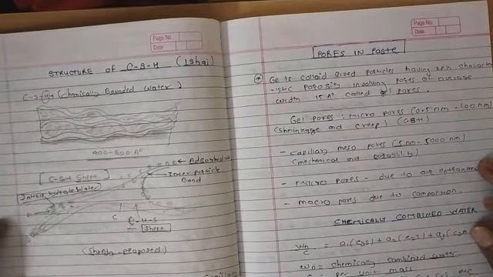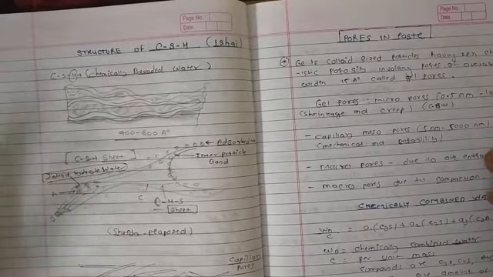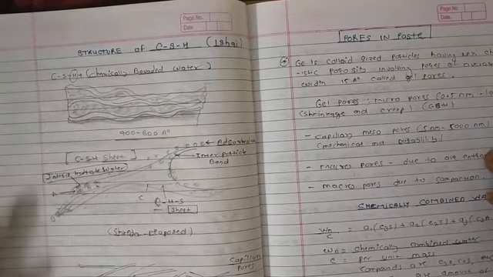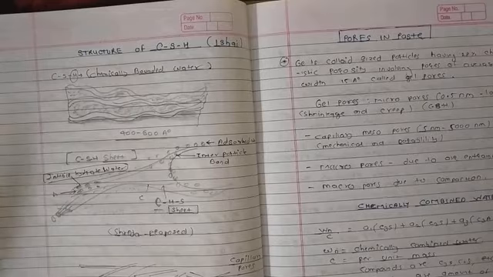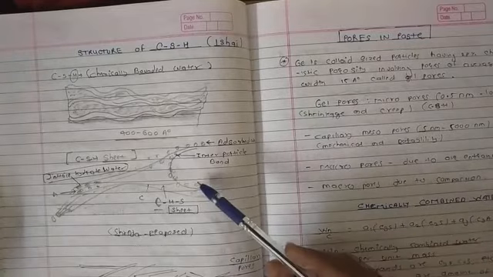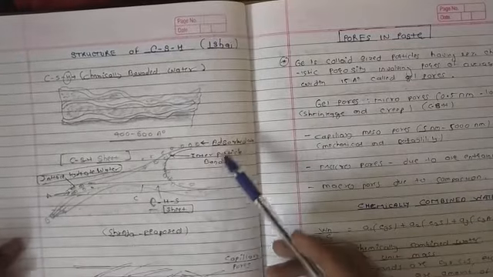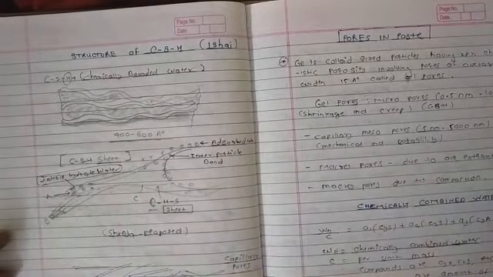These are the structures proposed by various scientists from their countries, how they imagined the structure of CSH gel must look in concrete, and they put forward their theories according to their research. You can look at it. These are the CSH gel formation. These are the inner particle bonds. Adsorbed water is there. These are the structures of a CSH gel.